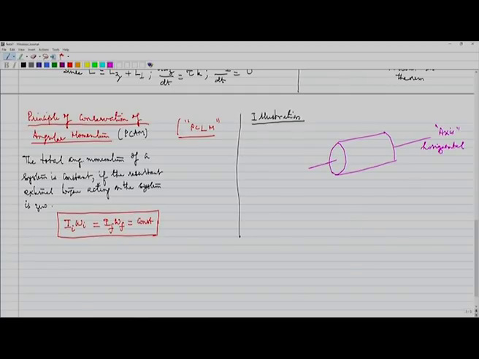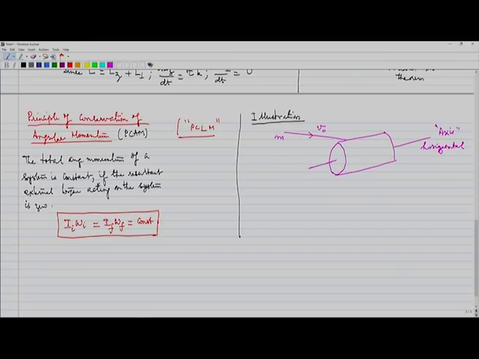Now there is a bullet of mass M which comes and hits it. Actually, the way I have indicated, it looks like it is normal. This comes with M and V naught.